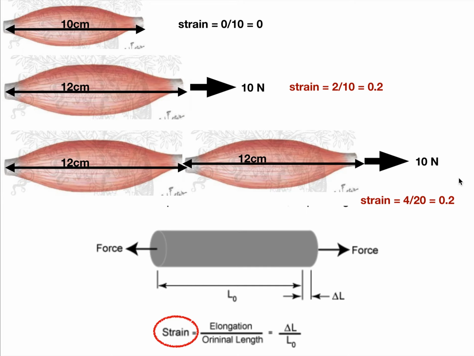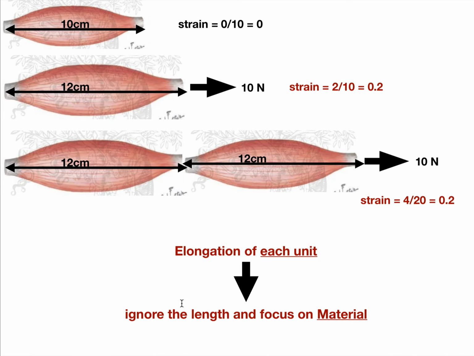So that's the same idea that we just want to know how much one muscle fiber elongated. That means we're only concerned about the material. We want to know about the elongation of each unit, and we're ignoring the length. So if it's a short muscle or if it's a long muscle, it doesn't matter.